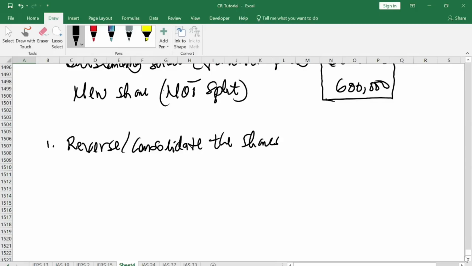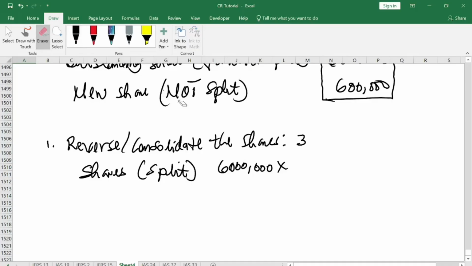Now, how do you consolidate the shares? You already have shares which are split, so reverse them. You have 6 million, which you multiply by the split ratio, which is 2 for 3.